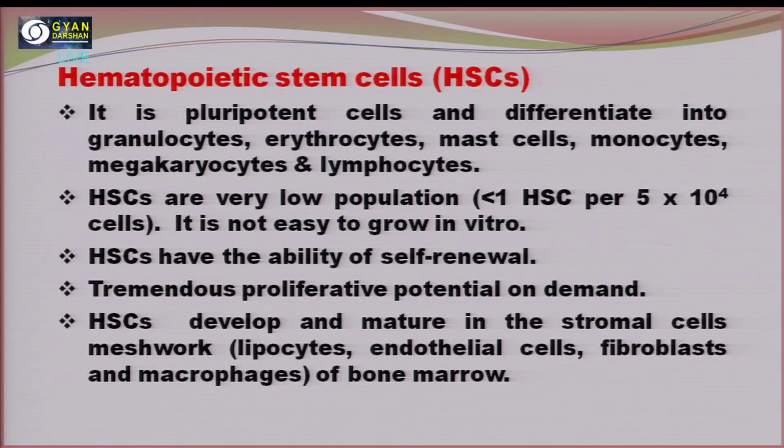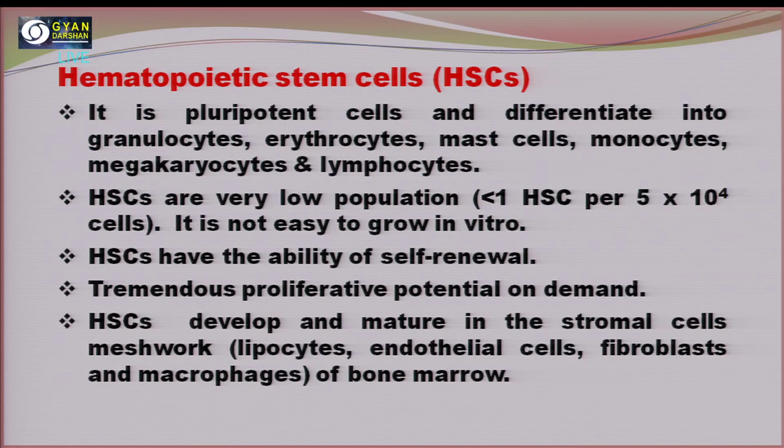In part first, we will discuss in detail the hematopoietic stem cells. They are very important cells. They are able to generate various types of cells, like agranulocytes, granulocytes and lymphocytes.